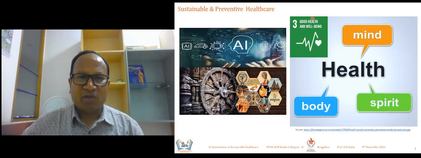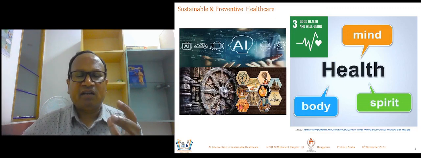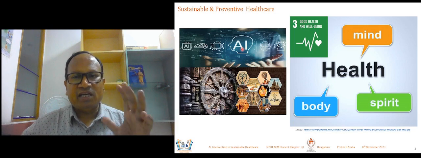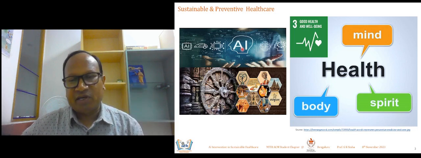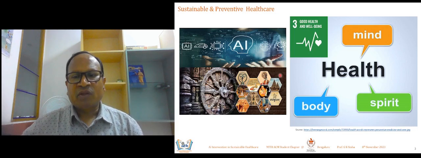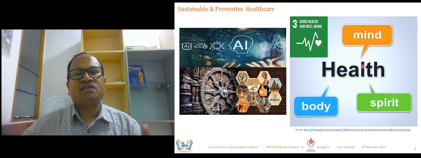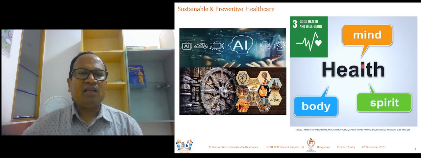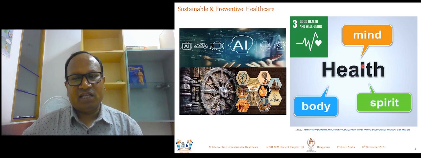So what is sustainable and preventive health care? If we can use the traditional knowledge of India, what is called the Indian Knowledge System, and using AI intervention, exploiting the capabilities of IKS, AI has actually started impacting mental well-being, mental health care.